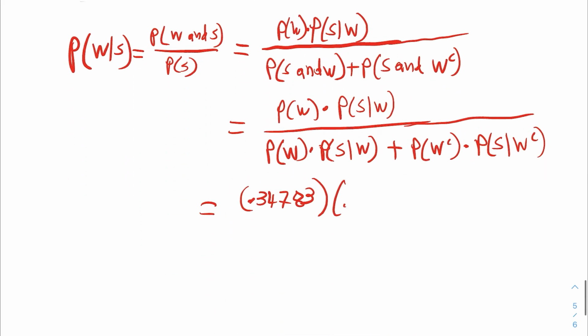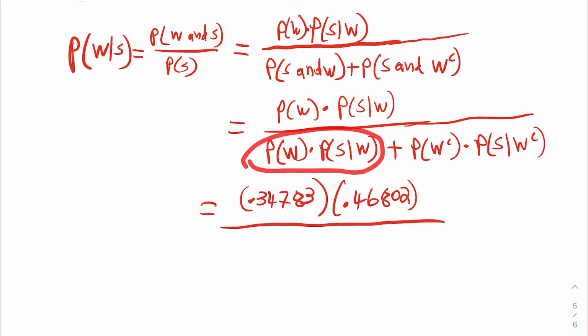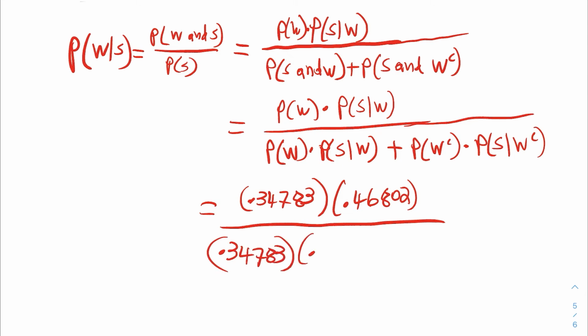So that's 0.46802 divided by, well, this term is exactly the same as the numerator, 0.34783 times 0.46802.